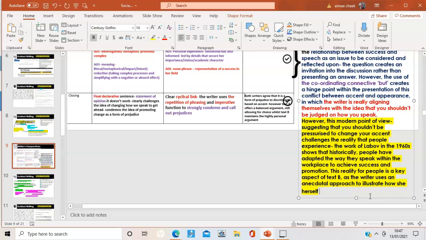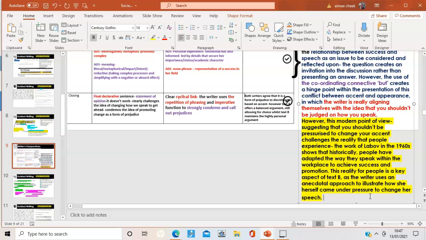She herself came under pressure to change her speech. Boom. So there we've got it: this reality for people is a key aspect of text B, as the writer uses an anecdotal approach to illustrate how she herself came under pressure to change her speech.